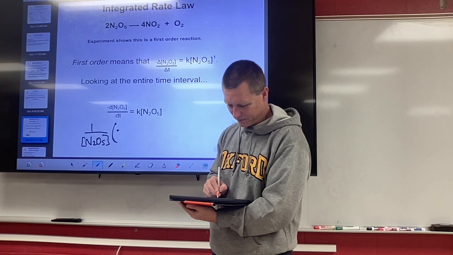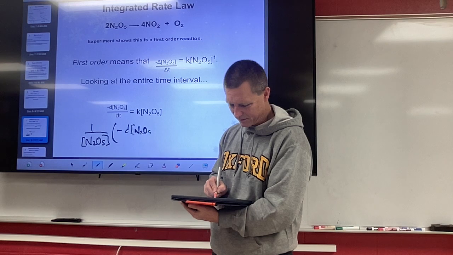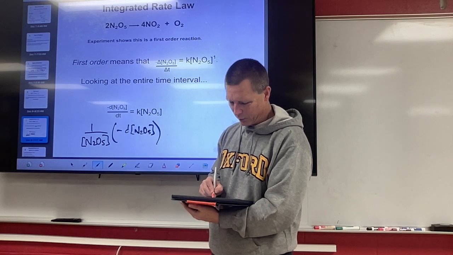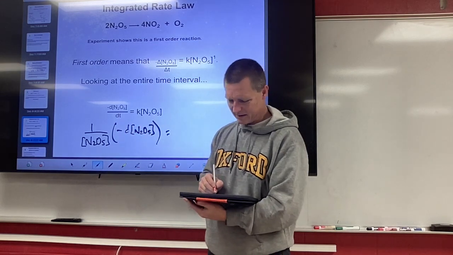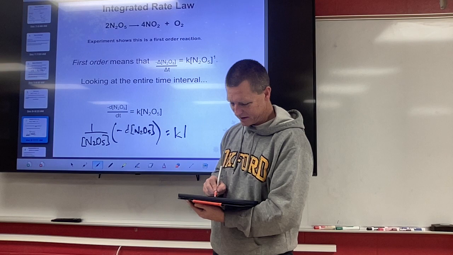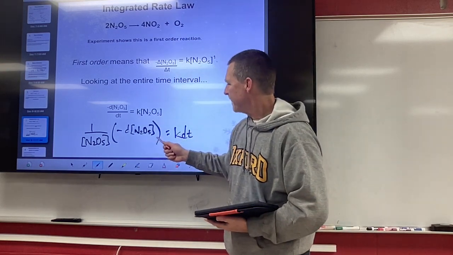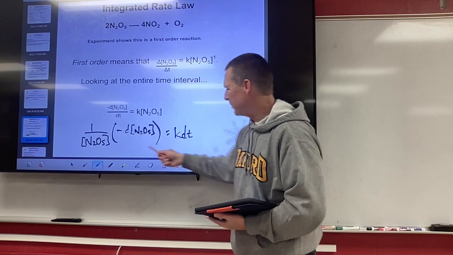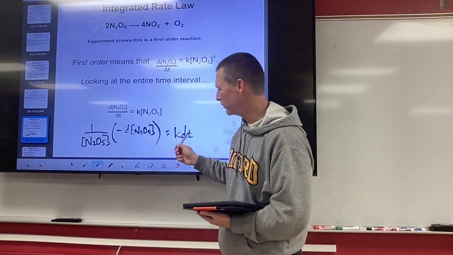Times negative d of N2O5 equals, and moving this dt term over to the other side, k times dt. I'm going to take that negative sign and push it over here. It could be either side. I'll make it over on this side.